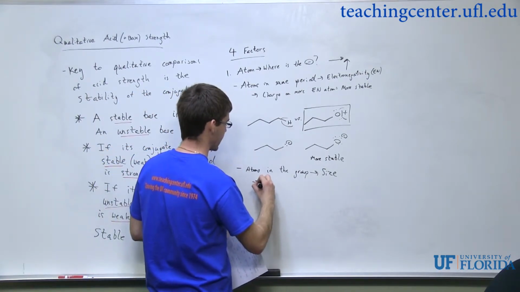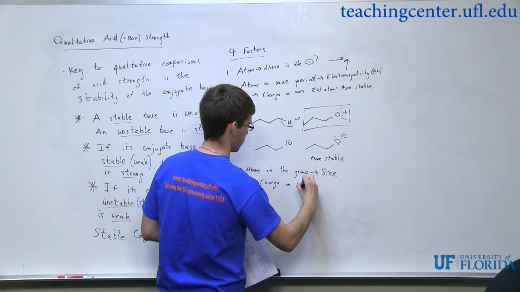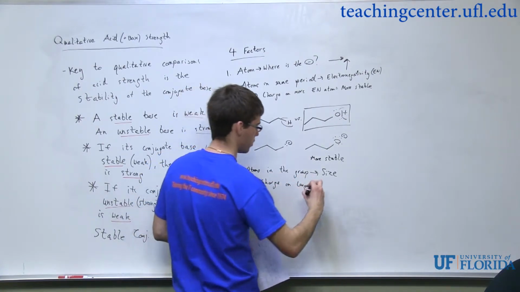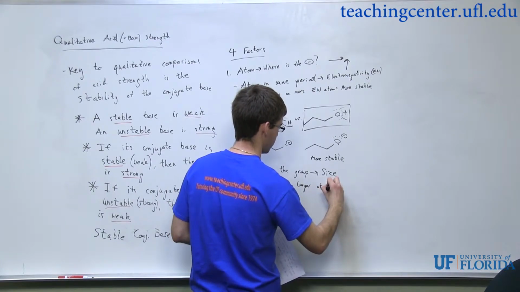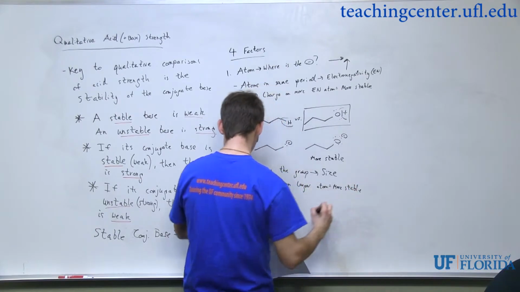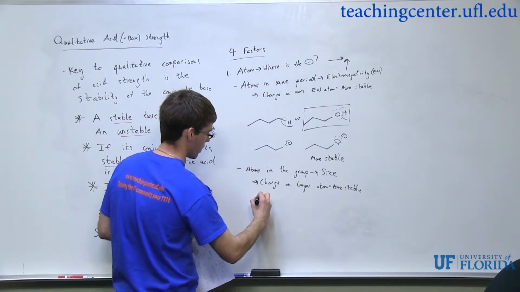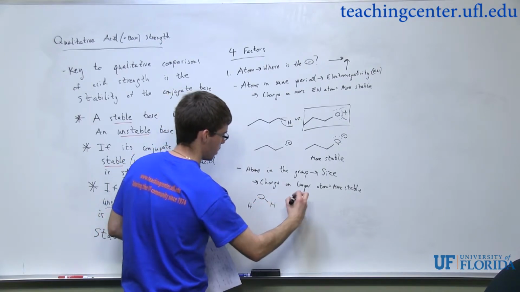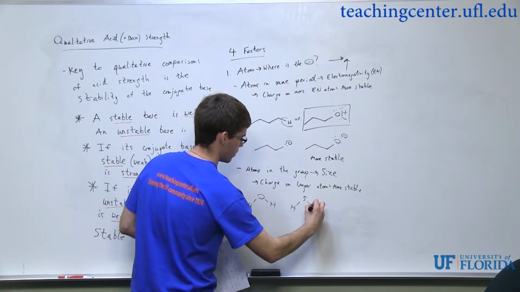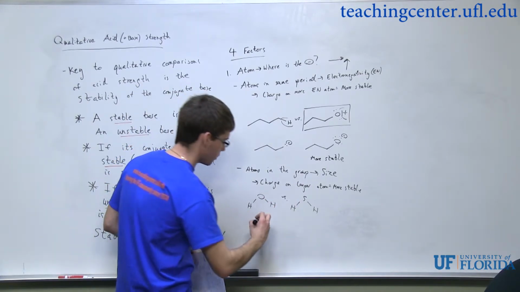And the charge on the larger atom is going to be more stable. So if we were to compare, let's say we've got water and this guy over here, which one is more acidic? Deprotonate.